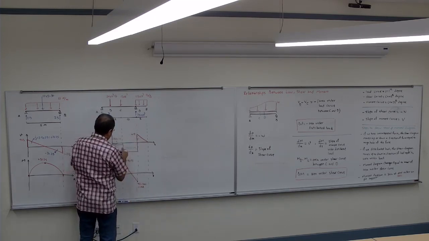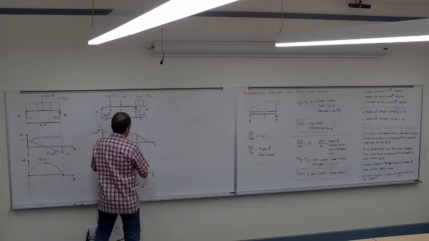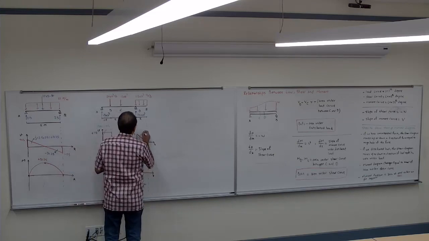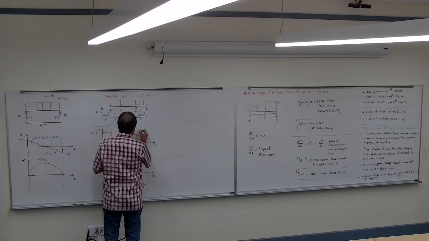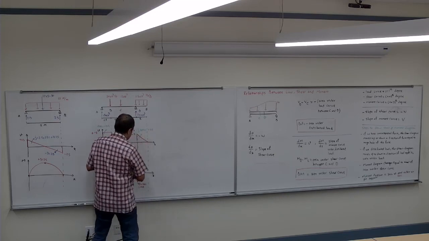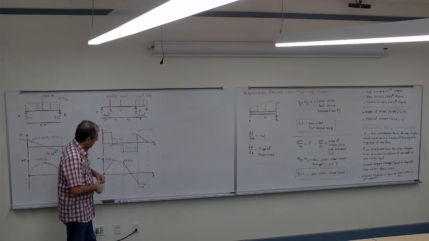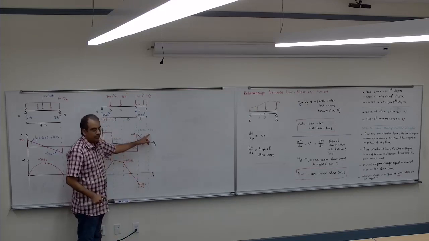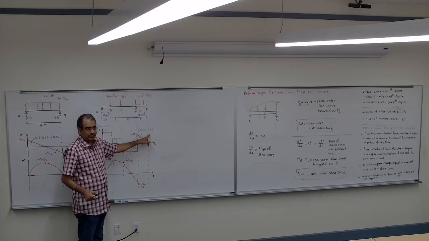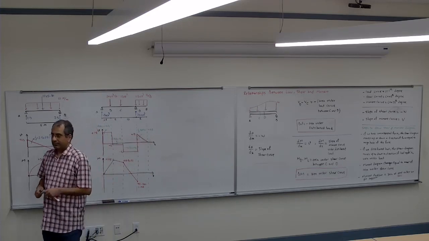Now, what's the area here? It's half of 8 times 12, which is 48. So it's 48 positive. So negative 48 plus 48 would be 0. With what degree?